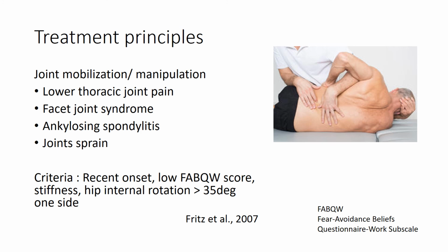You wonder why hip internal rotation matters? If you go through the literature, you may see two reasons. I haven't gone through it in great detail. First, it indirectly refers to SI joint mobility, and second, to screen out that the pain and referred pain may not be from the hip.